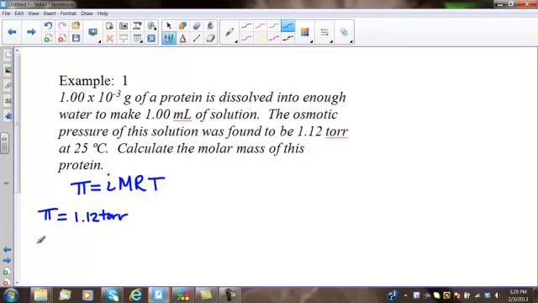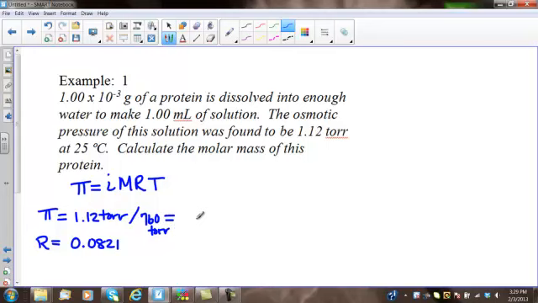Now, because your R is 0.0821, and this unit has atmospheres in it, you know that this pressure has to be in atmospheres. So this has got to be divided by 760 in order to get pressure in atmospheres.